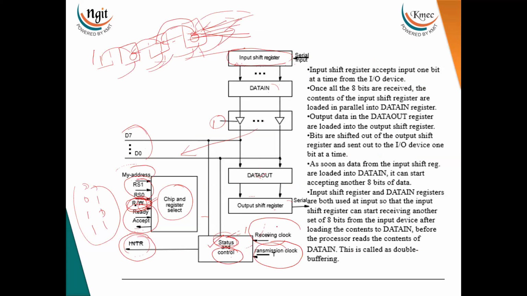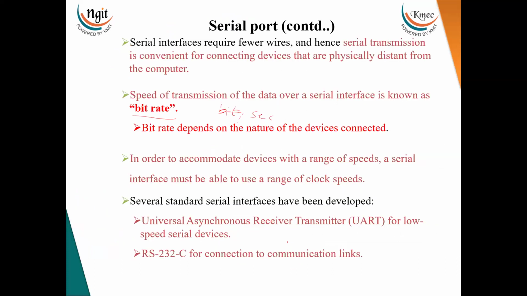For whatever input and output devices we are using, each and every device has a specific speed. Accordingly, the clock should be selected in the interface: the receiving clock for receiving devices and the transmitting clock for transmitting devices. So the baud rate should be selected.